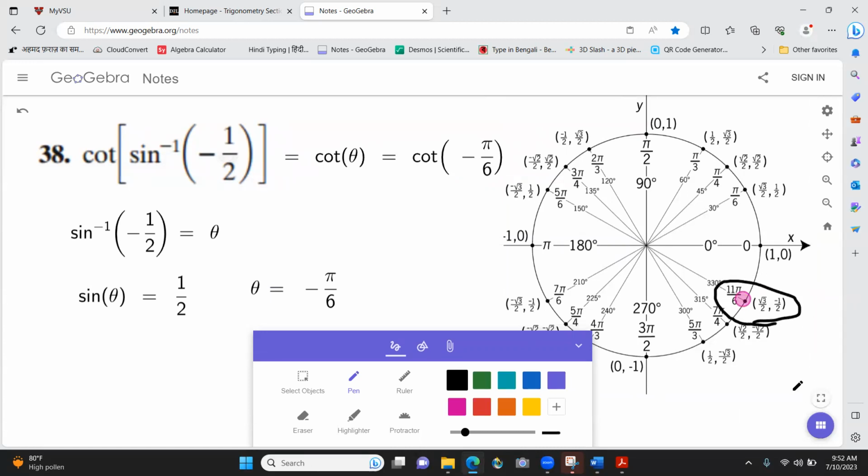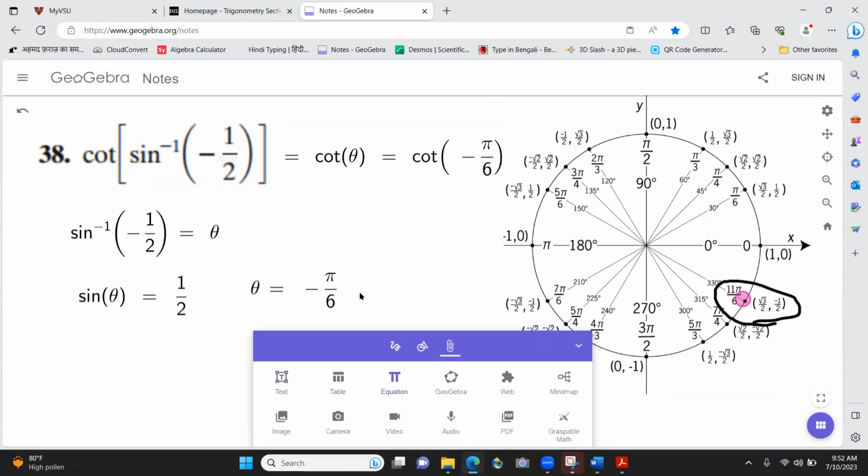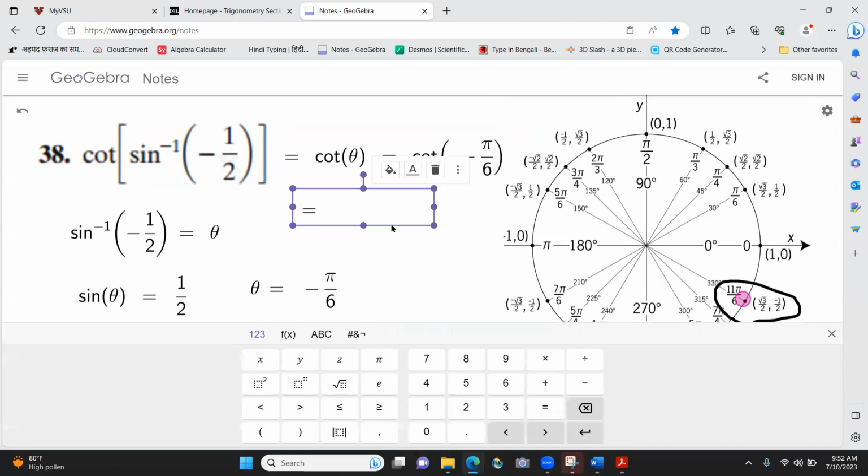Remember, cotangent theta is cosine over sine. Cosine is square root of 3 over 2. Sine is negative half. I'll show you the details. What's the sine value? What's the cosine value? Negative half. And what's the sine value? Square root of 3 over 2. And I put the negative outside, not a bad choice.